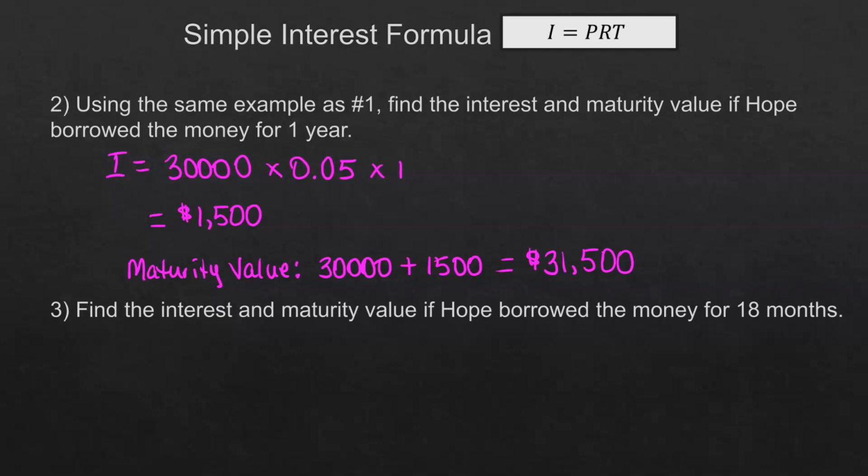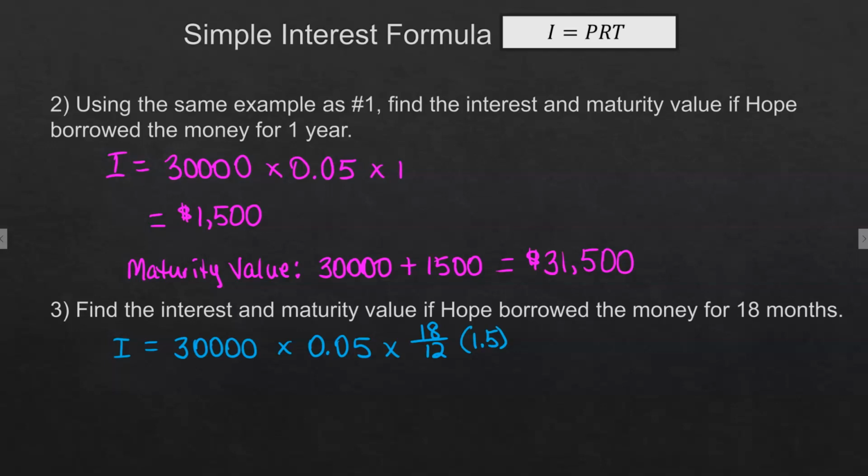Okay, next, we're going to use that same loan amount. What if she borrowed the money for 18 months? So we're going to write this out, 30,000 times our interest rate. Our time this time is going to be 18 out of 12, which if you calculated that, that's 1.5.